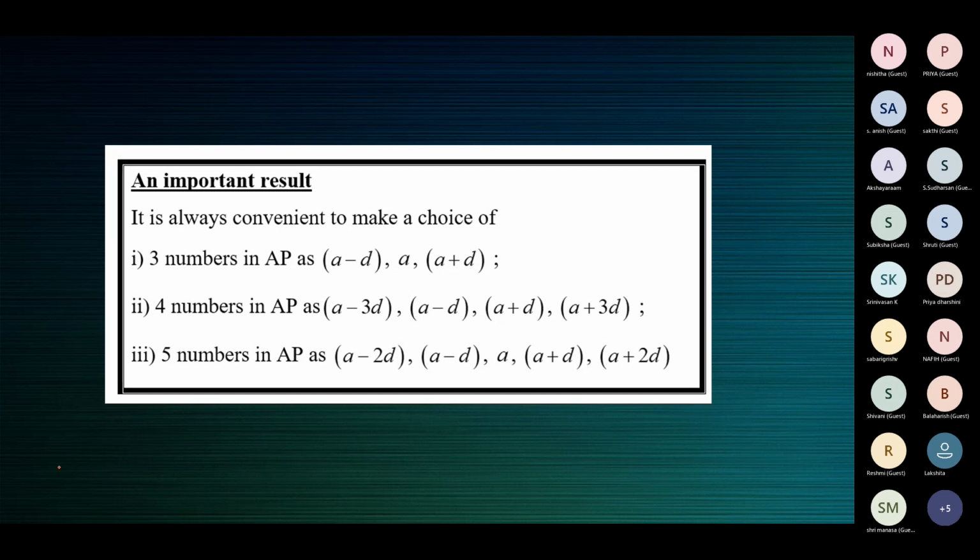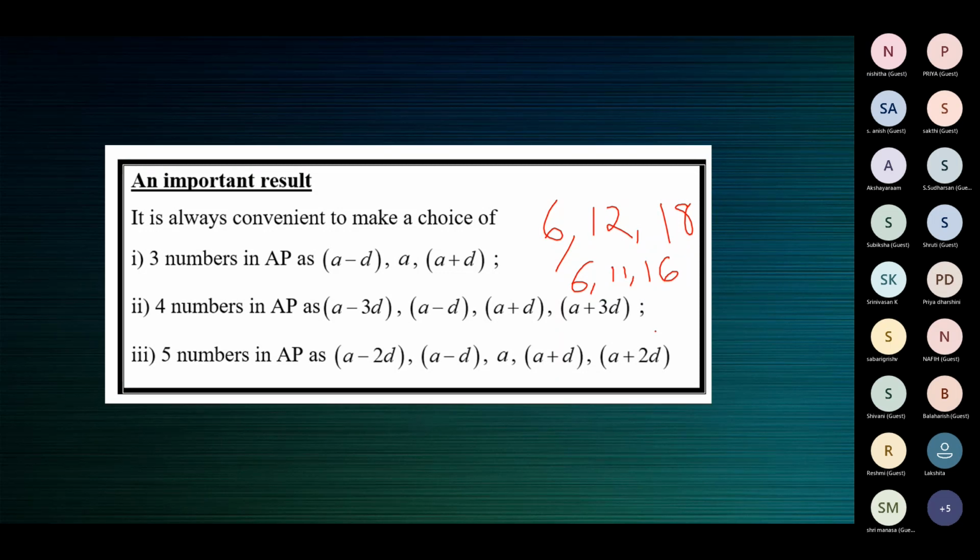Or for example, 6, 12 and 18 are 3 numbers in arithmetic progression with common difference 6, since 12 minus 6 is 6. Or 6, 11 and 16, where 6 plus 5 is 11 and 11 plus 5 is 16. These are 3 numbers in AP.